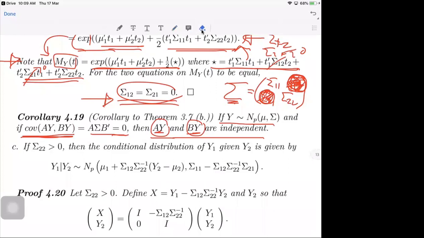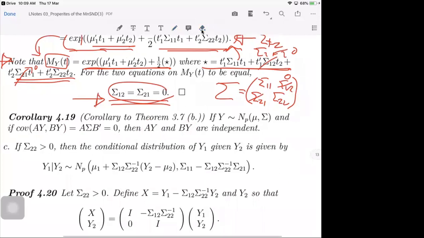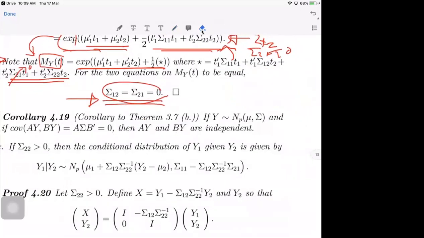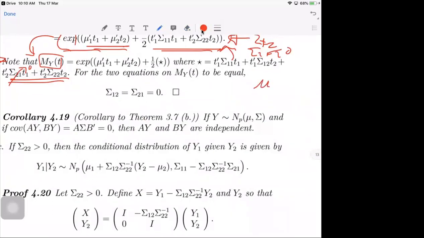Now common result sa statistical inference ninyo. You have in your inference na si x bar o si s squared. Common result in inference is that x bar and s squared are independent, no? So the usual proof that is used to show that x bar and s squared are independent.